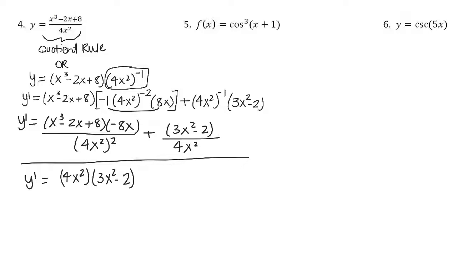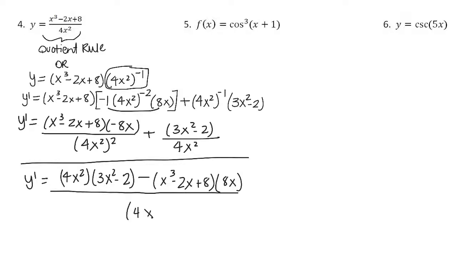So there's bottom times the derivative of the top, minus top, which is x cubed minus 2x plus 8, times the derivative of the bottom. What's the derivative of the bottom? 8x. All over 4x squared, all squared, right?